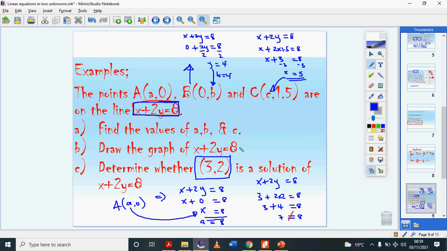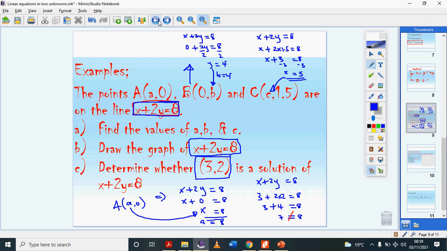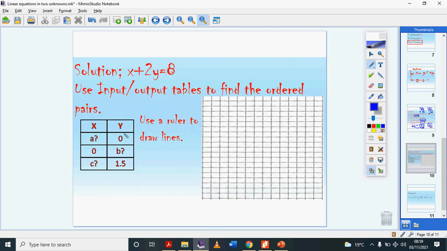Draw the graph, and I'm sorry I'm doing this in a funny order, but if you want to draw the graph, remember the values of a and b that we found. a was 8 and b was 4. I just need 2 points to draw a line. So let me say this is my 0, my y-axis and x-axis.